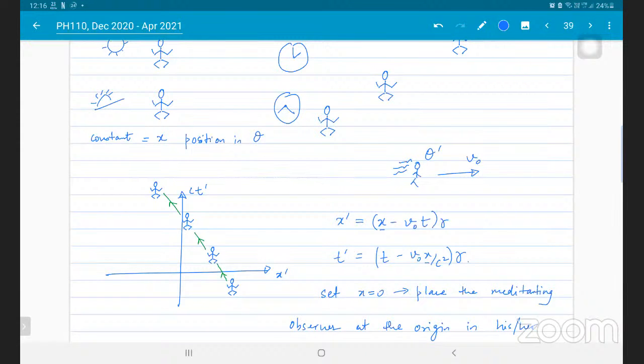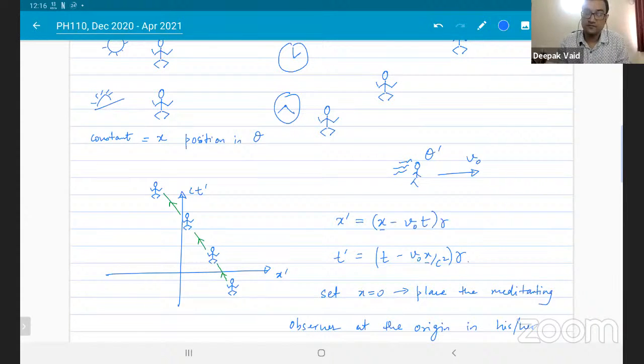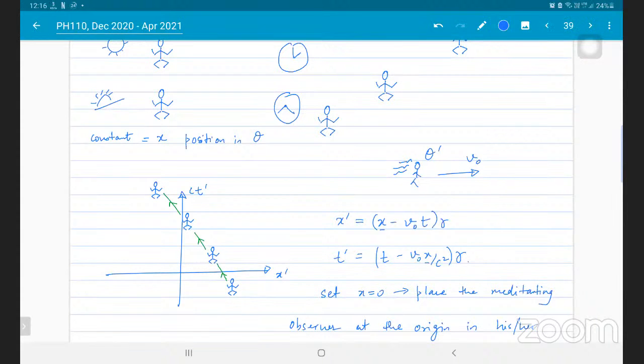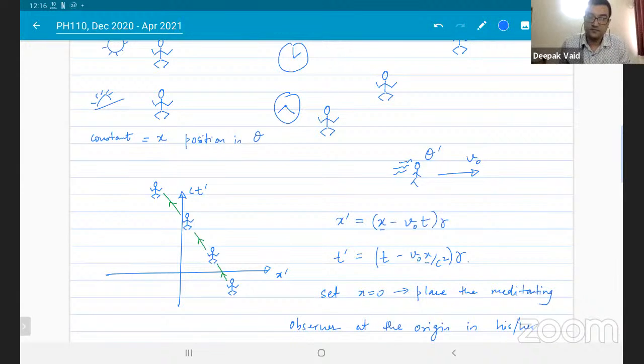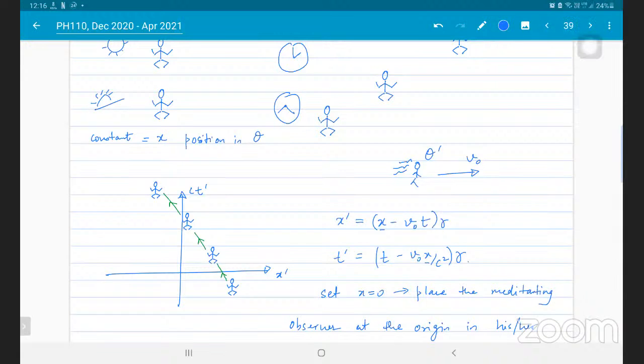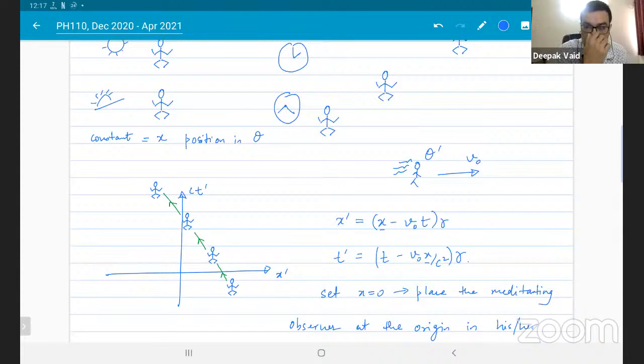Sir, the last doubt. We have discussed in the last many classes, before the experiment, that only the horizontal thing gets contracted. Why not the vertical one, sir? I forgot the reason, sir.